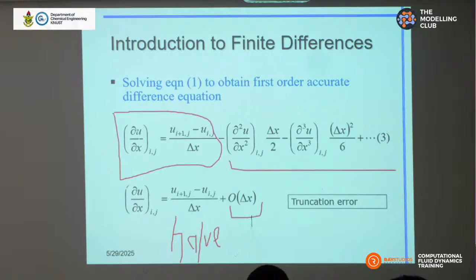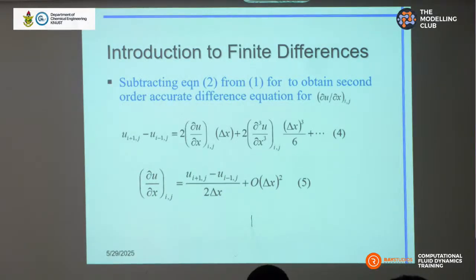Let's look at the simplified result. Since you end up adding that derivative term, you see that it's 2 times the partial of u with respect to x, and so forth. Now, if we divide both sides of the equation by 2 times delta x, you end up with this equation 5, and all the terms left over are what we call the truncation error.